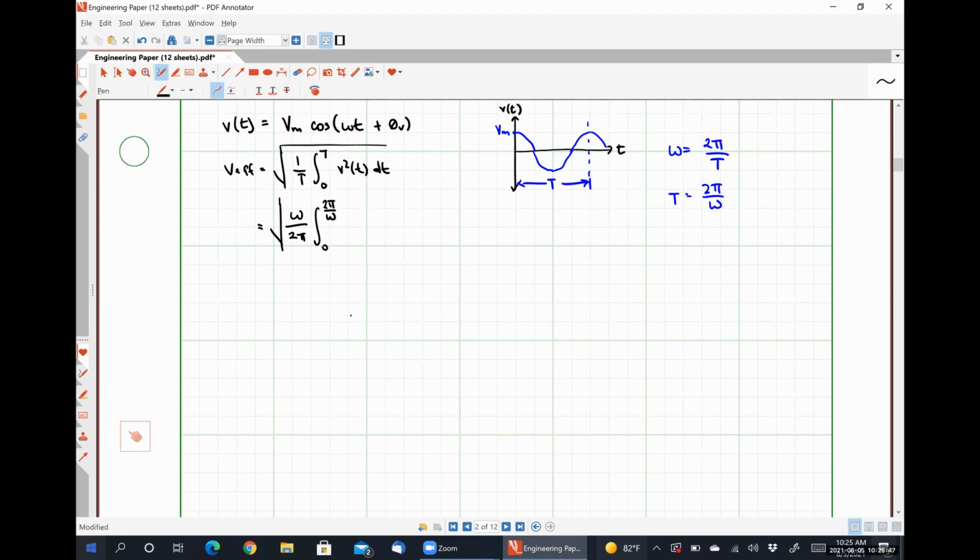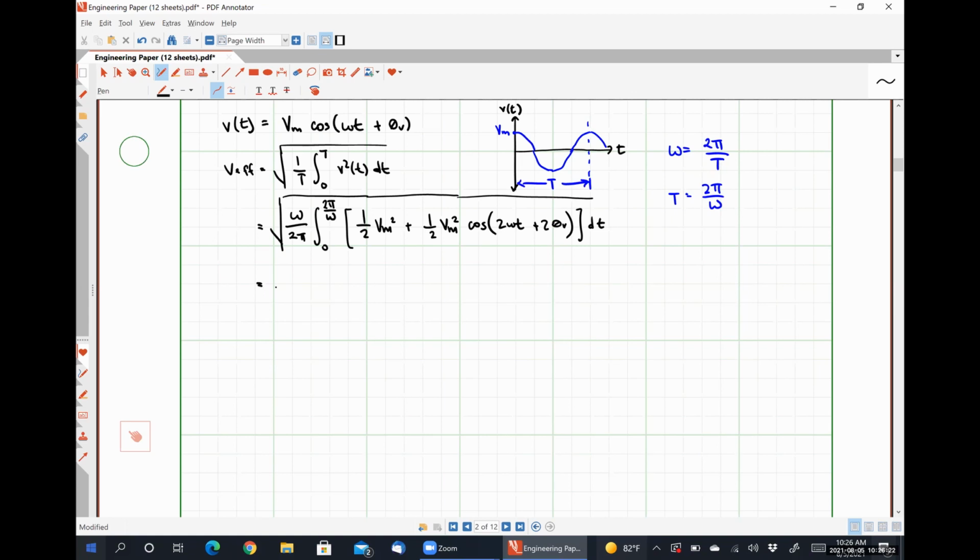What I'm going to wind up getting here is 1/2 Vm squared plus 1/2 Vm squared cosine of twice omega t plus twice theta v. Close that off. This whole big ugly thing is under the square root sign.